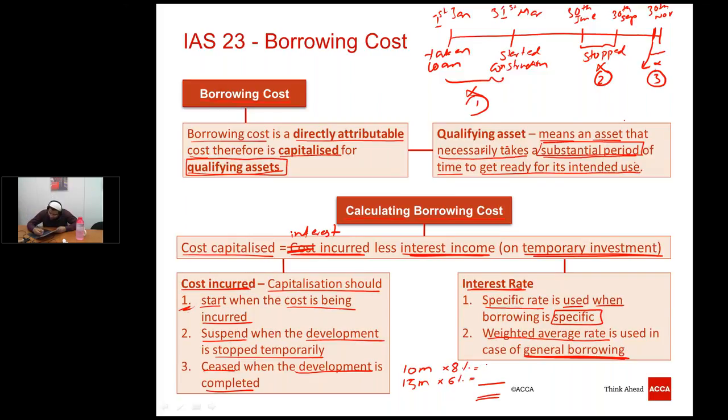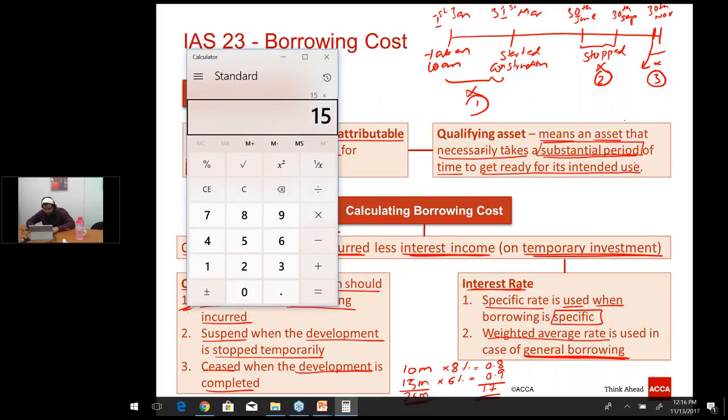So the interest is going to be 10 into 8%, which is going to be 0.8. And 15 into 0.6 is going to be 0.9. So this would become a total of 1.7 for $25 million of loan. So the general borrowing rate, the weighted average rate, is going to be, let me check the interest as well, 15 into 6% is 0.9, okay.